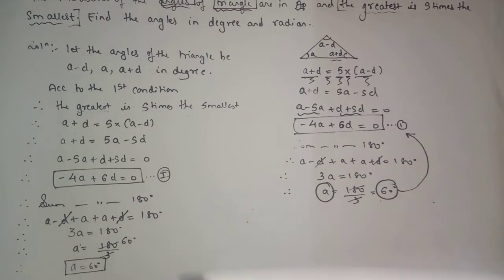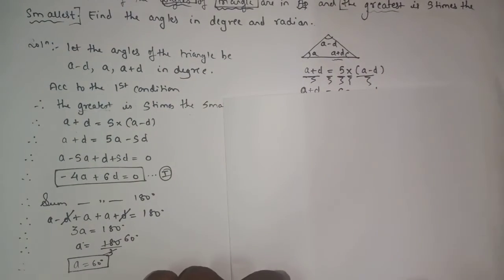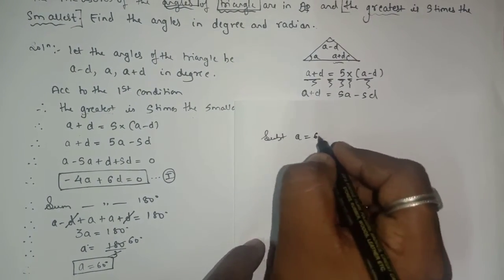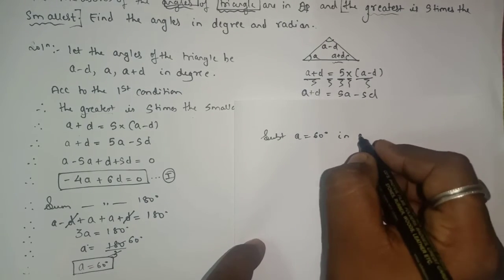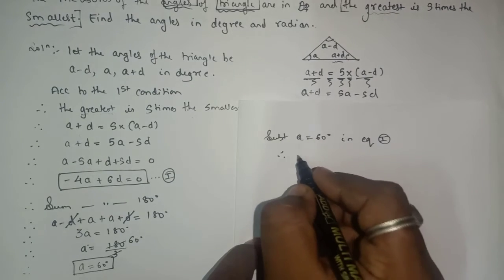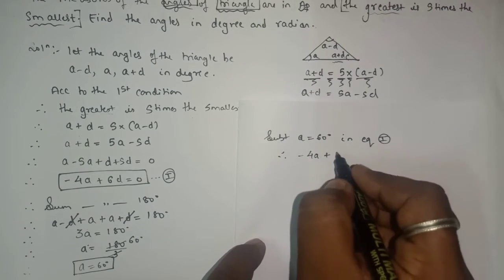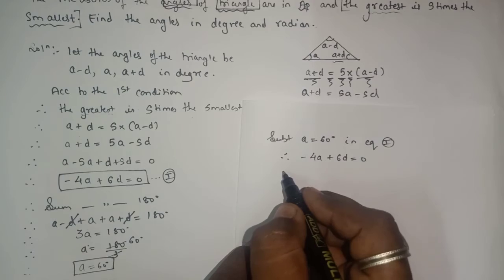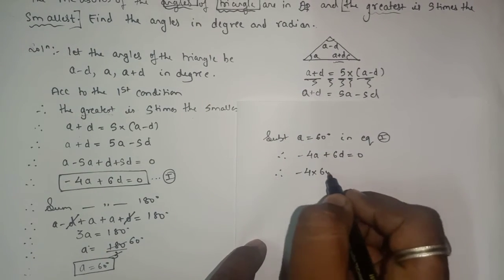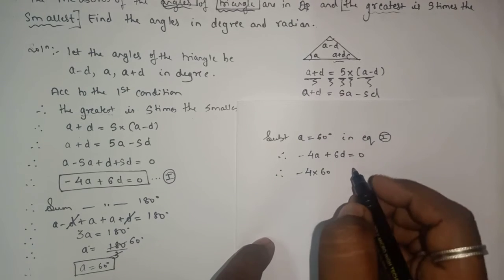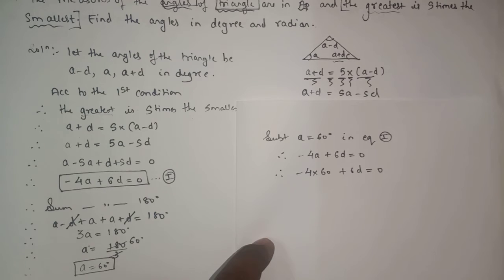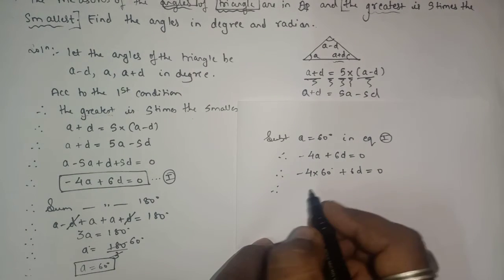Okay, so now I will solve the remaining part here. So now we'll substitute this angle A equals to 60 degree in equation number 1. So the equation number 1 is what? Minus 4A plus 6D equals to 0. So here this will be minus 4 into 60, yes or no, plus 6D equal to 0. So this will be what?